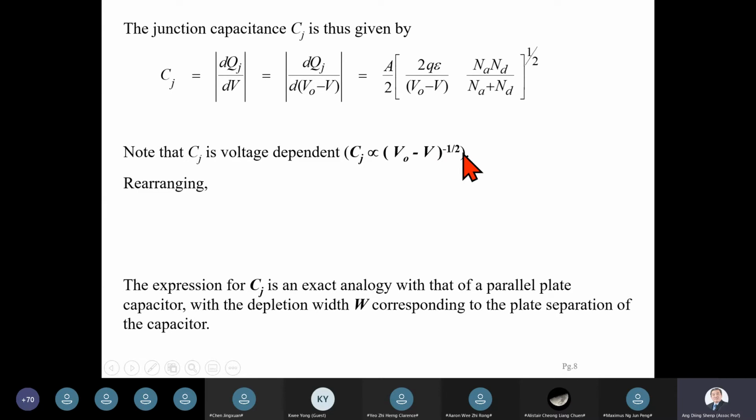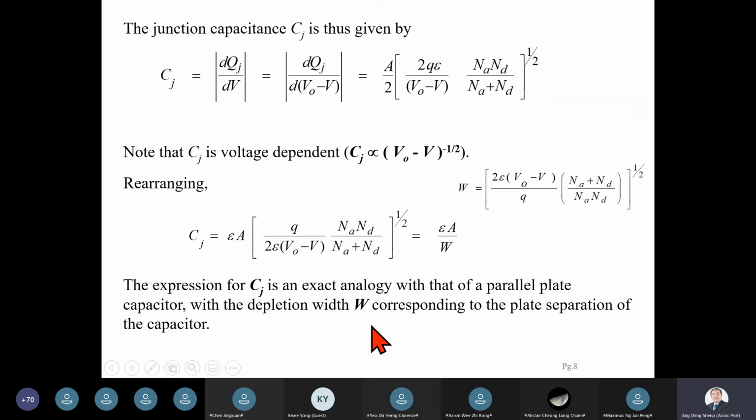Now, moving further, we can rearrange some of the terms here. How do I do that? Remember W is given by this expression. There are certain terms that are similar between this expression for Cj and the W term shown here.